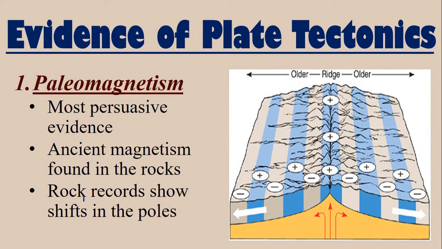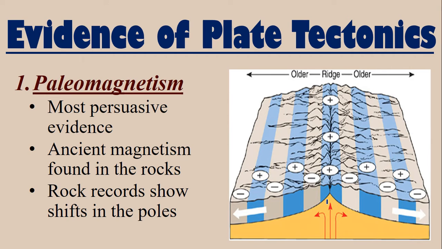Here is some other evidence of plate tectonics, not just the evidence from continental drift. The first one is called paleomagnetism, and it's one of the most persuasive pieces of evidence out there. When new crust is formed, coming up at the ocean surface, the magnetic elements in it line up with the poles, a positive towards the North Pole and a negative towards the South Pole.